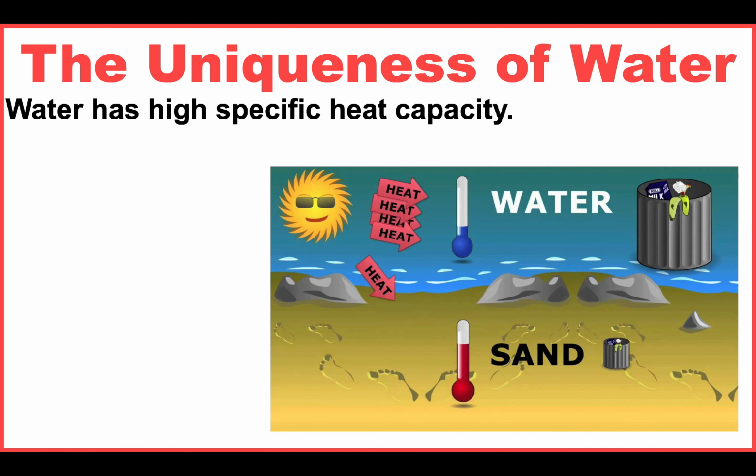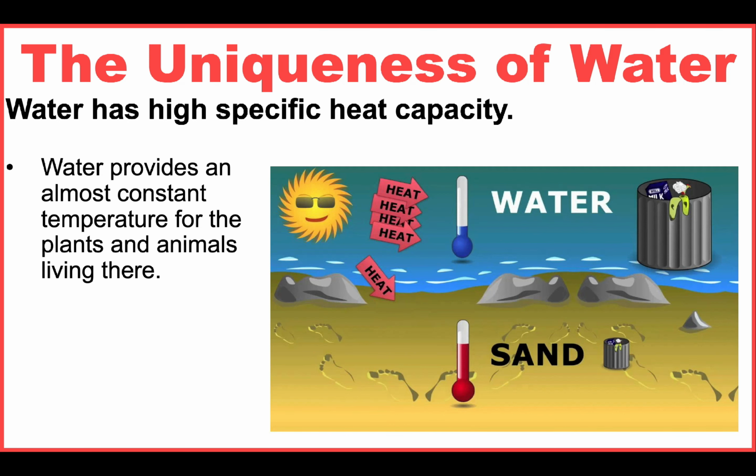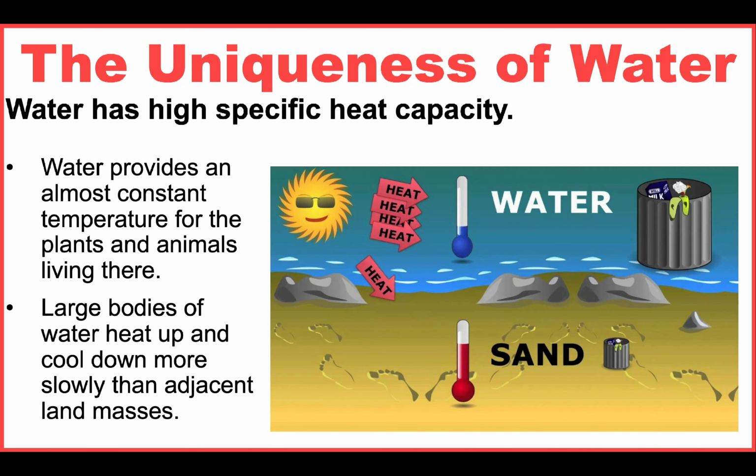Since most bodies of water are large enough not to be significantly affected by the heat from the sun, water provides almost constant temperature for plants and animals living there. It takes about 4.5 times greater amount of energy to heat up water than an equal amount of land. Hence, large bodies of water heat up and cool down more slowly than adjacent land masses.